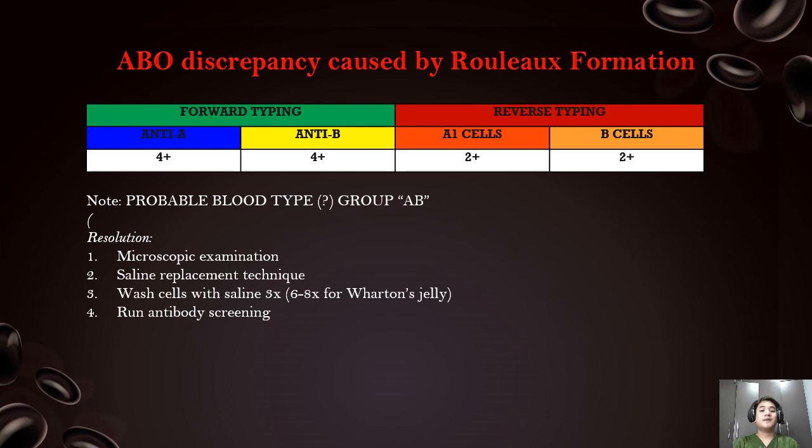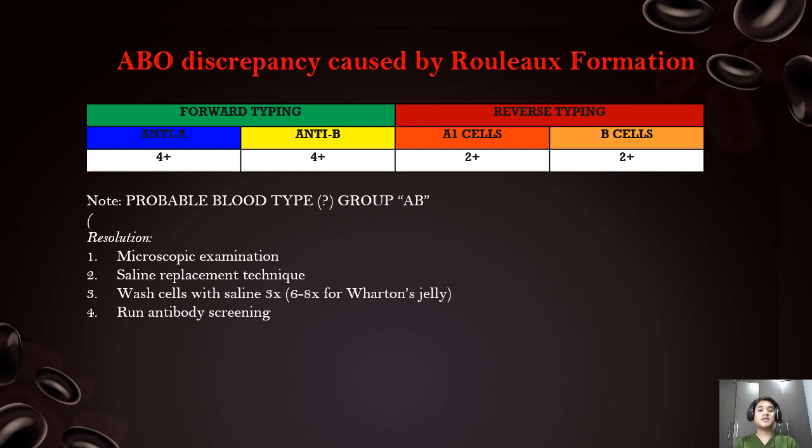Okay, why? Because the saline replacement technique will not affect the true agglutination, while pseudoagglutination will demonstrate weakening of the reactivity. The same principle applies with washing cells 3 times with saline solution, while in the case of Wharton's jelly, 6 to 8 times of saline washing will slowly alleviate the pseudoagglutination.